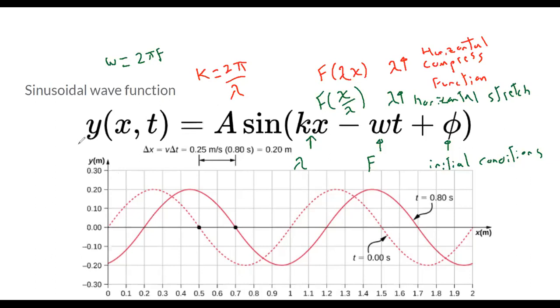And the speed at which the whole wave moves, the whole series of pulses propagates to the right, is a property of the medium. So that's always going to be constant if the medium remains the same. And that is also equal to the product of the frequency of the waves times their wavelength. So very important.